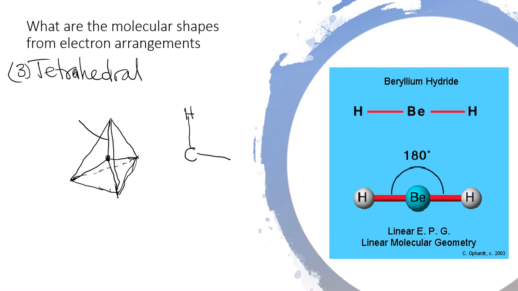Then you have another hydrogen here, another hydrogen here, and another hydrogen there. So you have a tetrahedral molecular geometry.